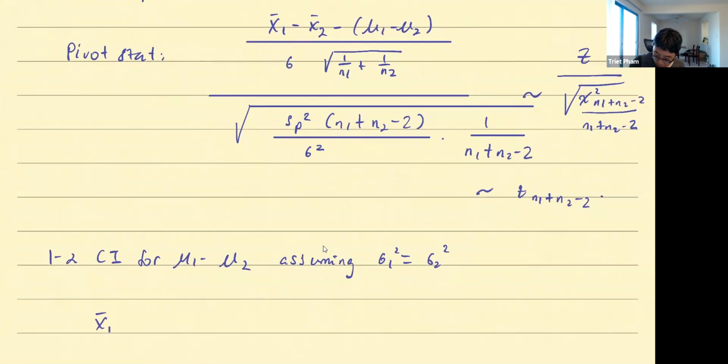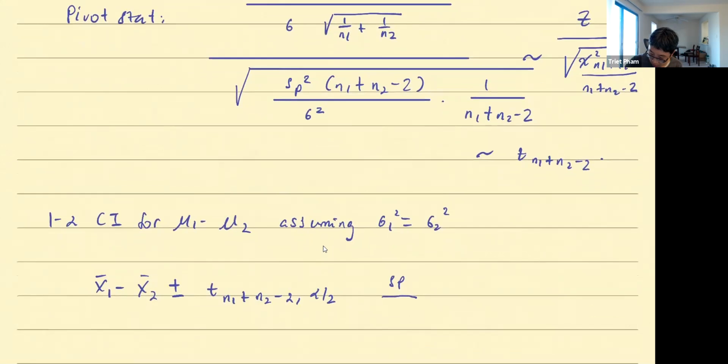Is x bar 1 minus x bar 2 plus or minus t with n1 plus n2 minus 2 degrees of freedom at alpha over 2, times sp times the square root of 1 over n1 plus 1 over n2.